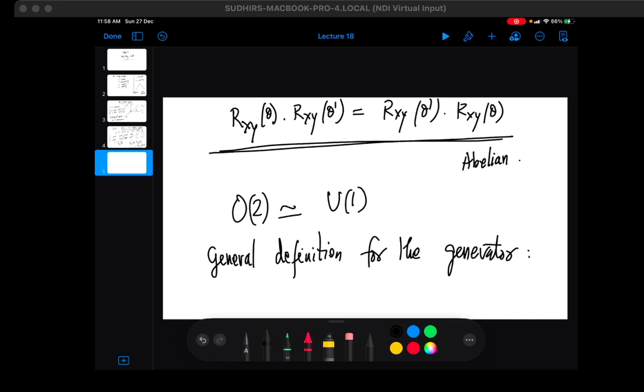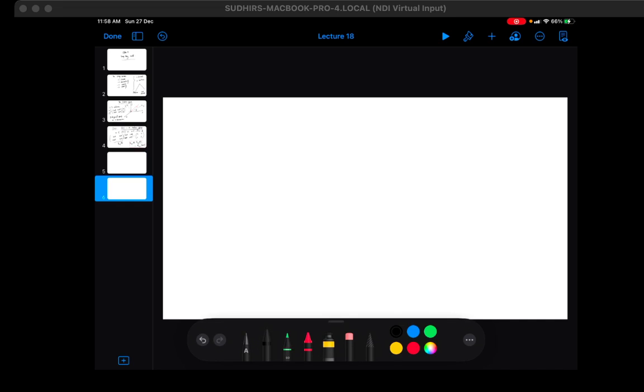For any continuous group element, say for example, R of x, y of theta is equal to exponential i theta dot x.